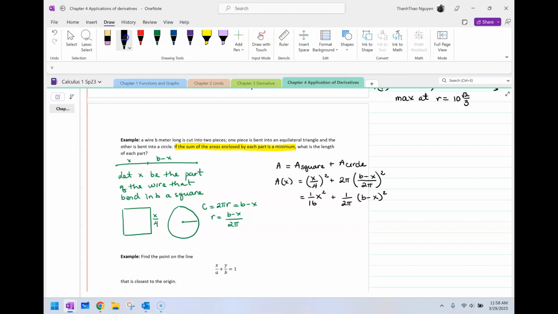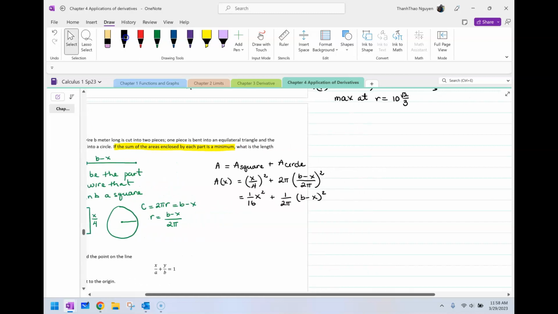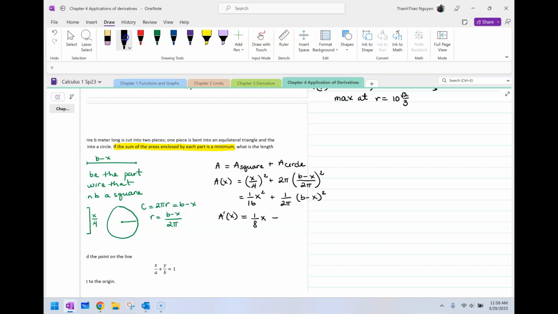Let's go ahead and take the first derivative to find the critical value. A prime of x equals 1/8 x plus 1 over 2 pi times (b minus x) times negative 1.